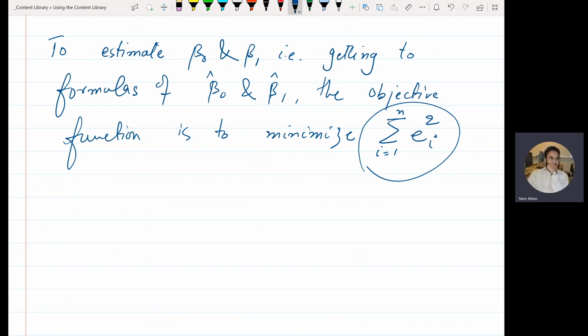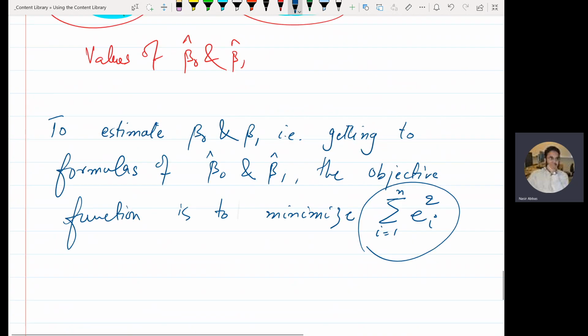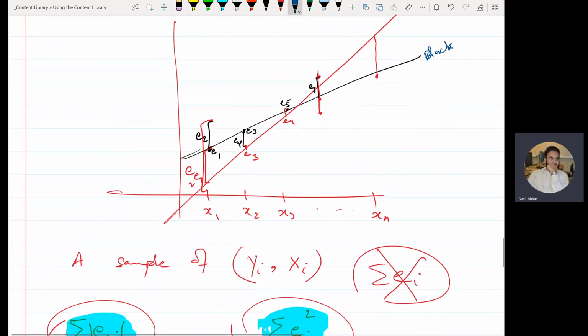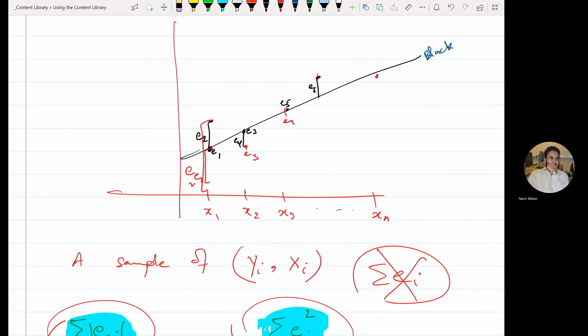Is it the red line? How is it the red line? Why is it the red line that minimizes? Because I tried my best to keep the line closest to the points. Which points? The errors? Not the errors, the data points.